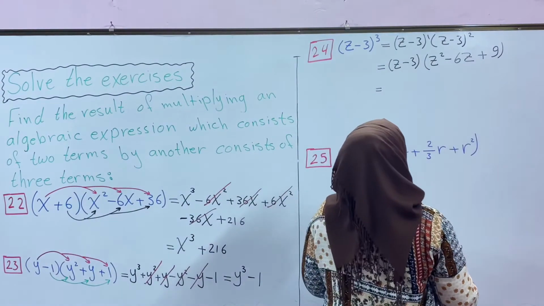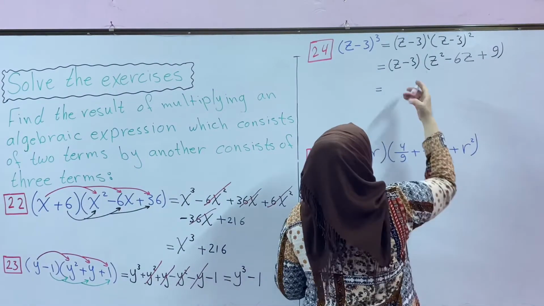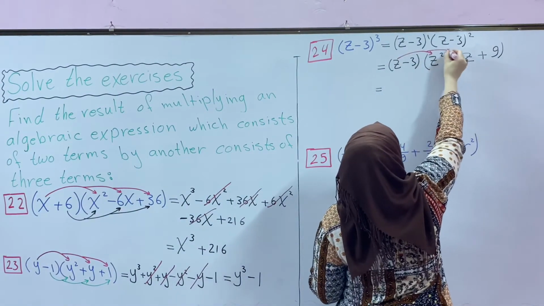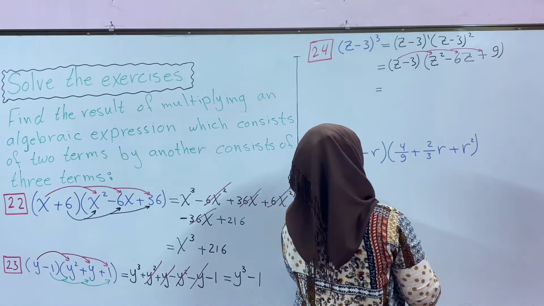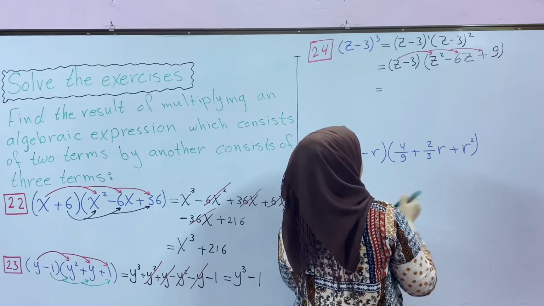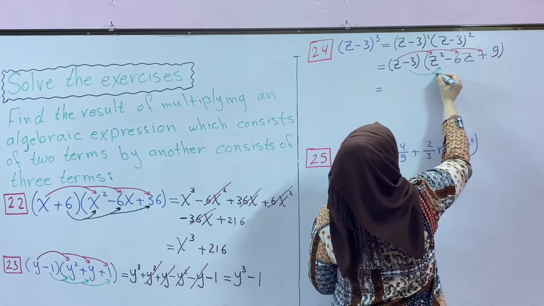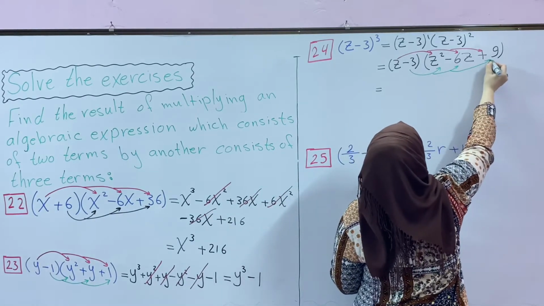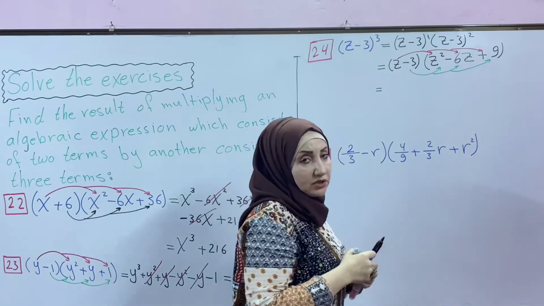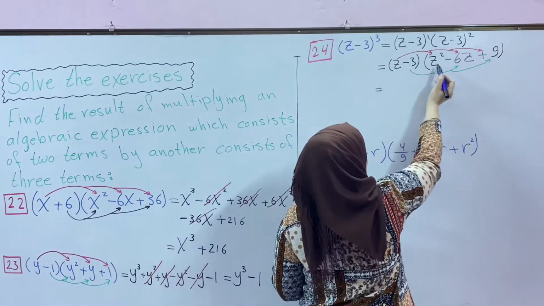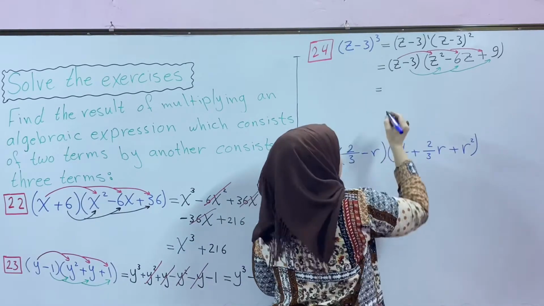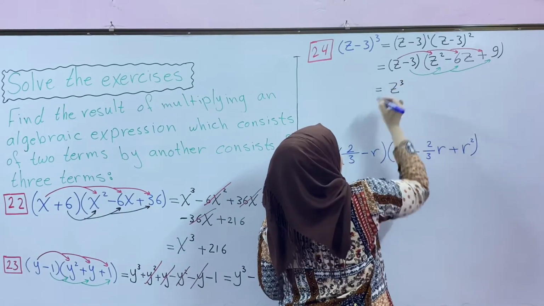So we will multiply the first term by all the terms of the second expression, and then we will multiply the second term by all the terms of the second expression. Sorry. And now we will get z multiplied by z squared, it will be z cubic.